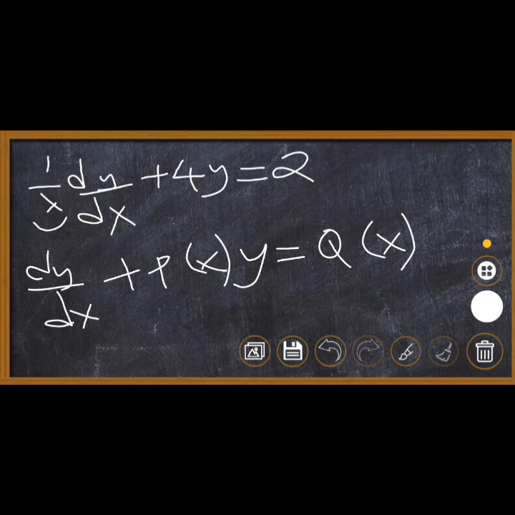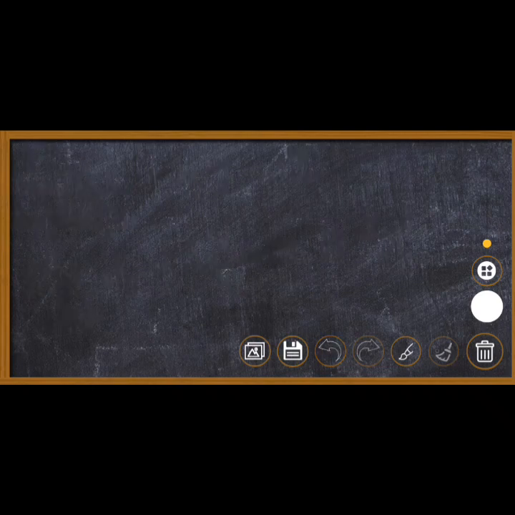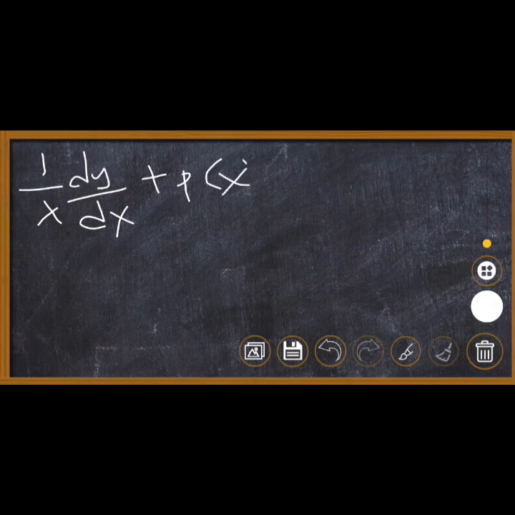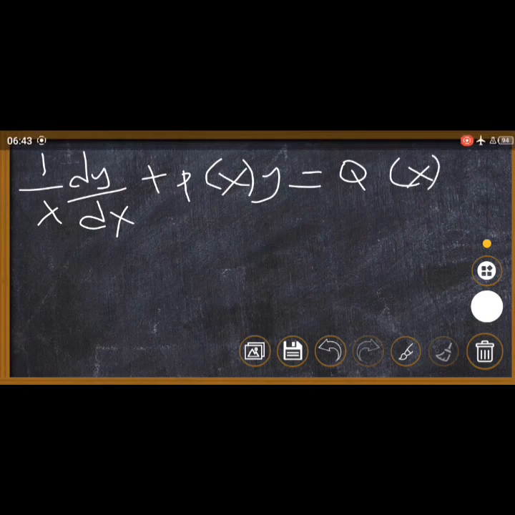Now here we have what? 1 over x. So this 1 over x has to be gotten rid of. How? We have to find a way to get rid of the 1 over x in front here, so that we just remain with dy over dx, because according to the rules, we just have to have dy over dx on this side.